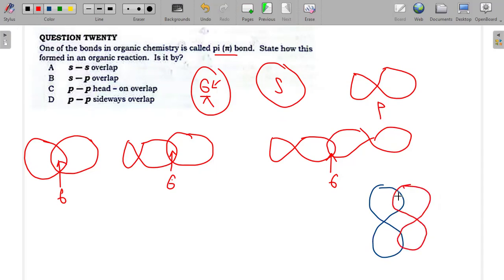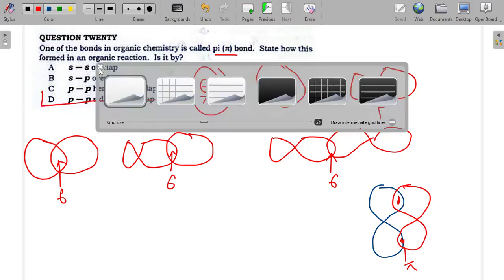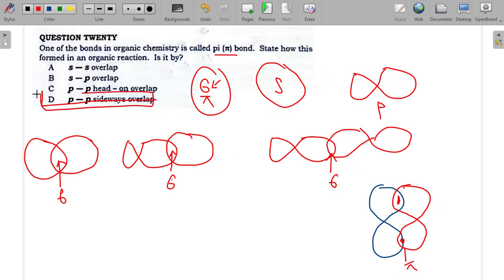So there's this bond that has been formed there and there. That's what we call the pi bond. So the pi bond is formed by the p to p sideways overlap. So we're going to select D as the best answer here. All right, so that's all for this video.